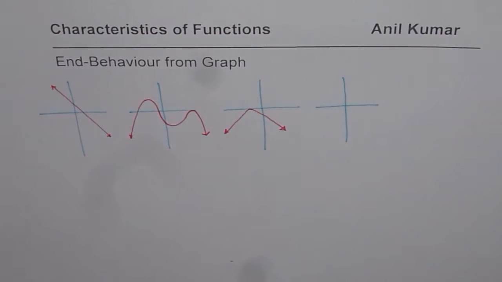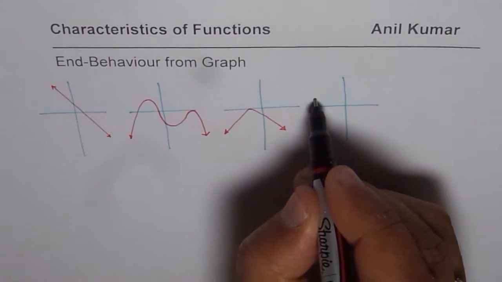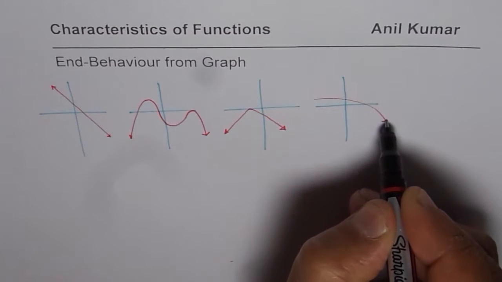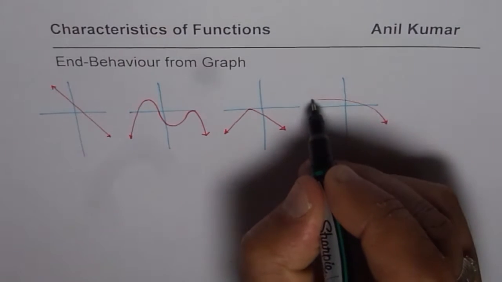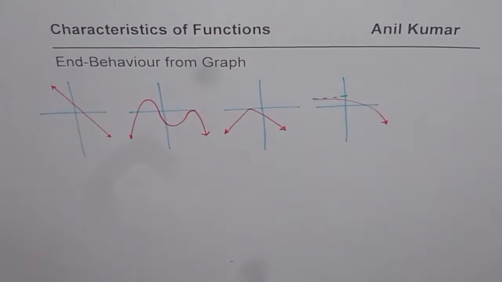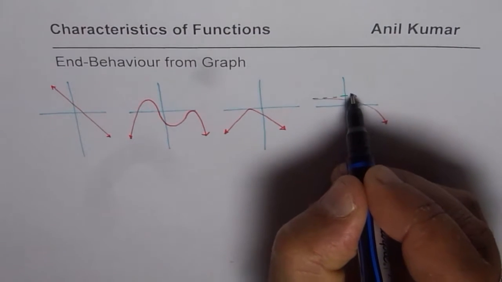Let the exponential function be a transformed exponential function which is reflected on the y-axis and is also translated a few units up. Let me say this is 5 units up, so let's say this is 5.